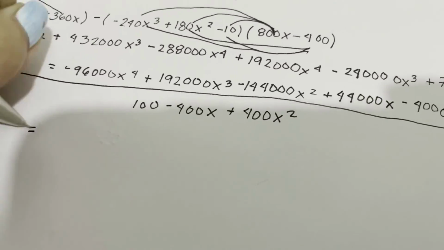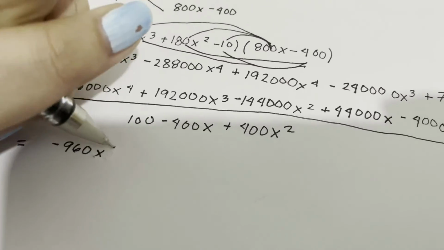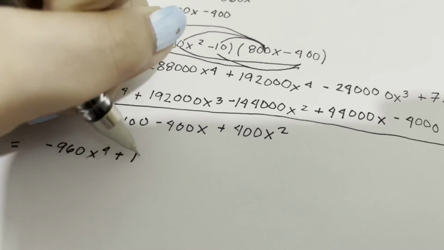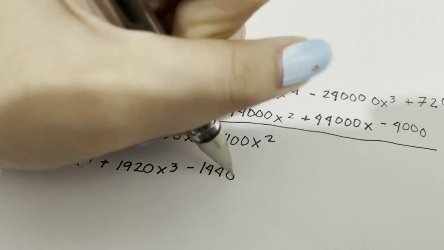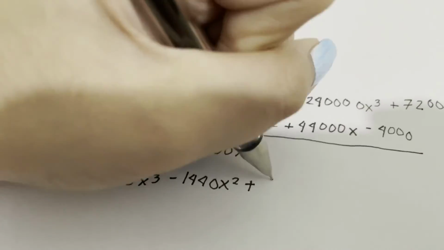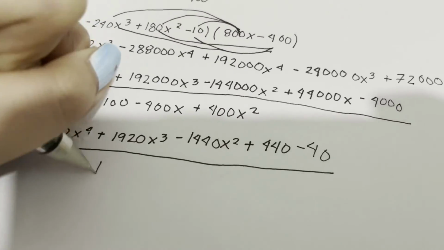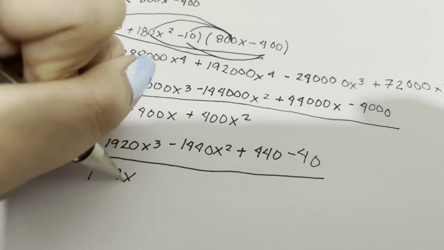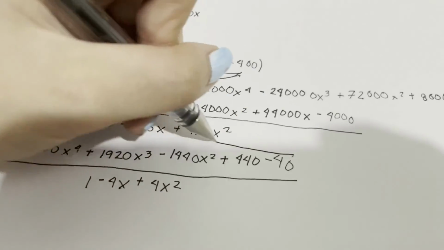We can still simplify both the numerator and denominator by dividing it with 100. So the final answer is negative 960x to the power of 4 plus 1920x cubed minus 1440x squared plus 440 minus 40 over 1 minus 4x plus 4x squared.